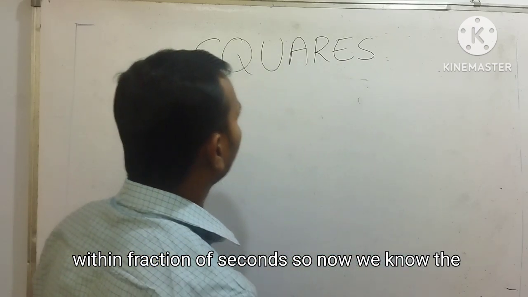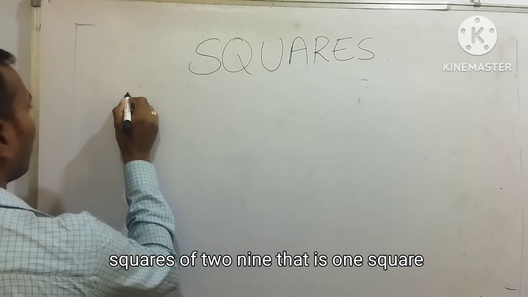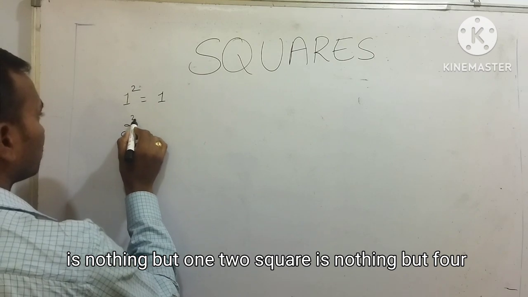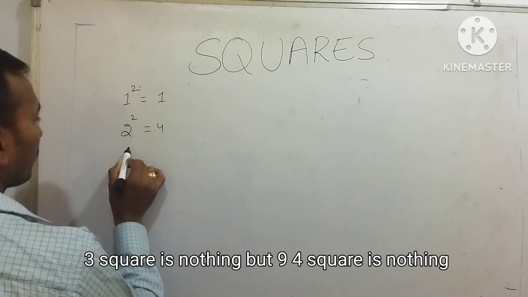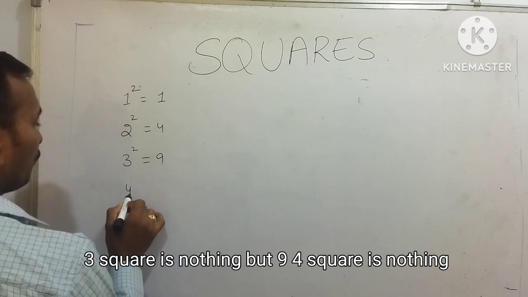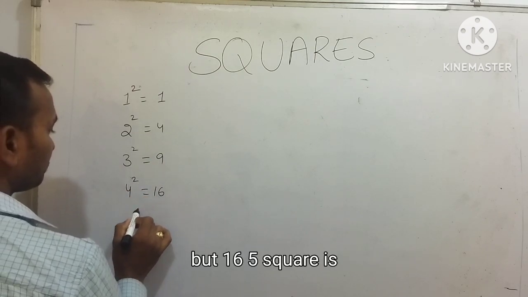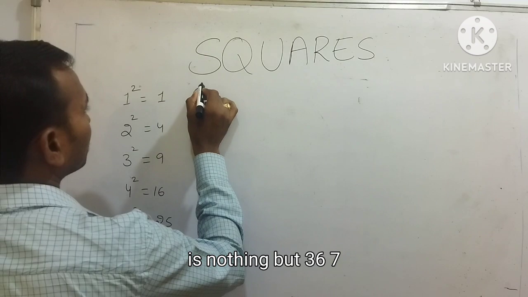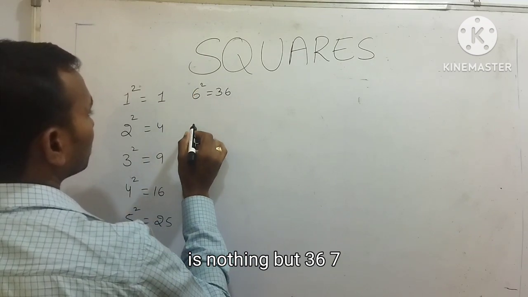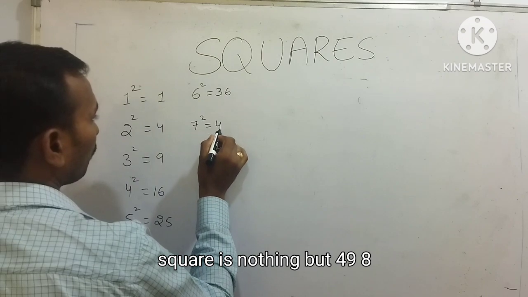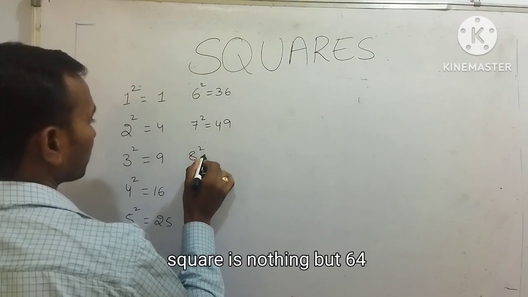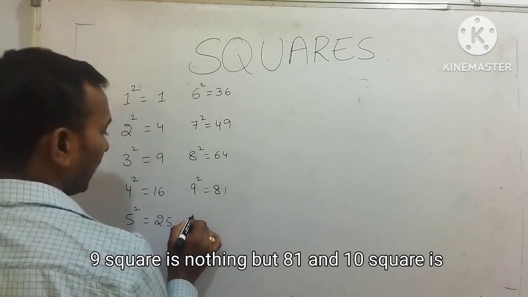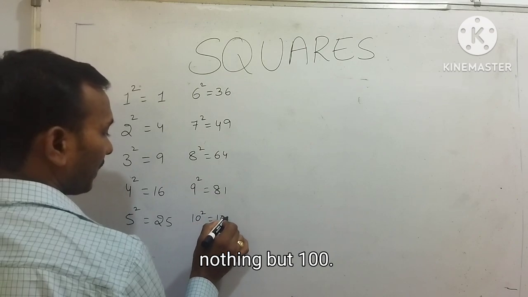So now we know the squares up to 9, that is 1 square is nothing but 1, 2 square is nothing but 4, 3 square is nothing but 9, 4 square is nothing but 16, 5 square is nothing but 25, 6 square is nothing but 36, 7 square is nothing but 49, 8 square is nothing but 64, 9 square is nothing but 81, and 10 square is nothing but 100.